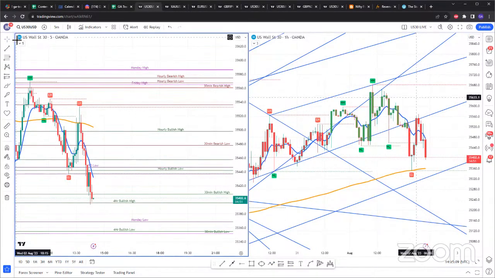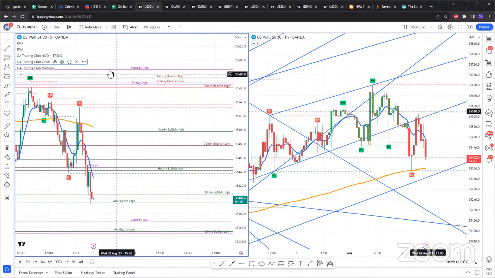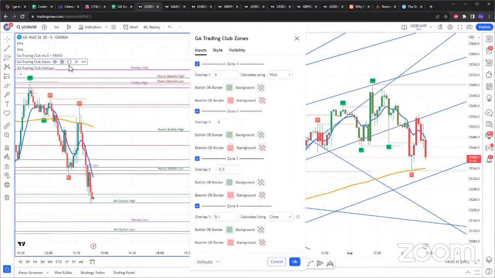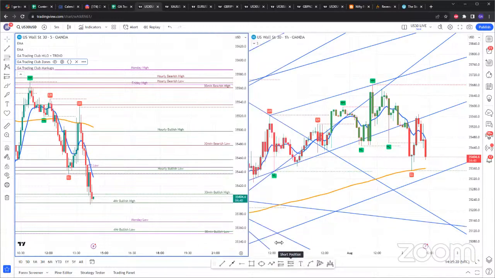Here you can see we have this 4-hour bullish high, but keep in mind we are at an order block area right here. I probably need to reconfigure this indicator.